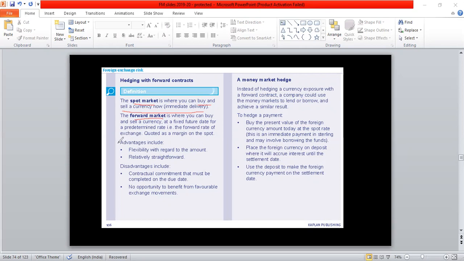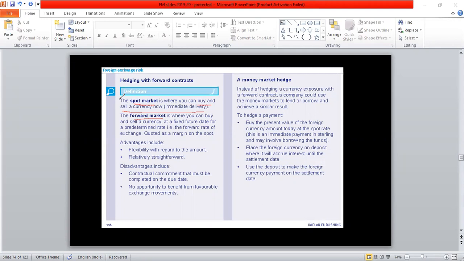So instead of buying and selling as on today, as in the spot market, they are delaying that, deciding a defined period of time and ensuring that it will happen as on the future date.